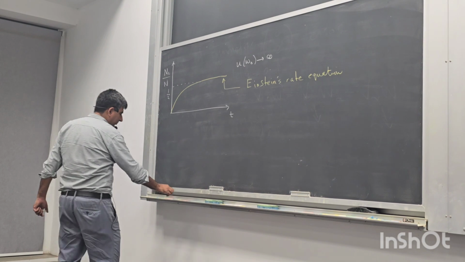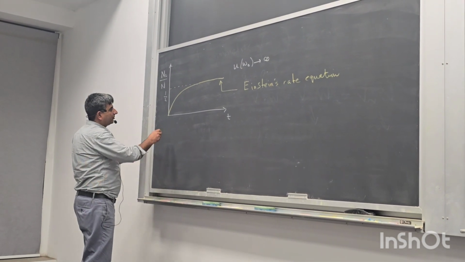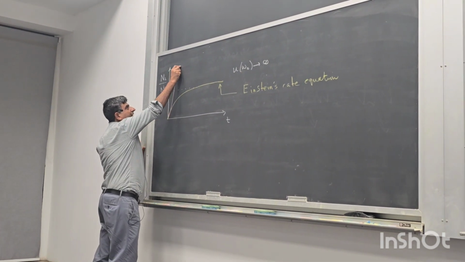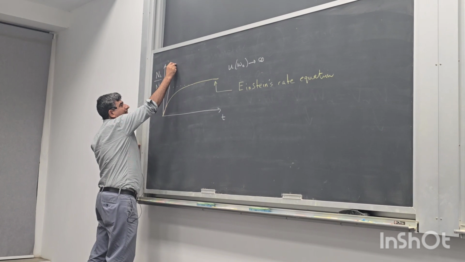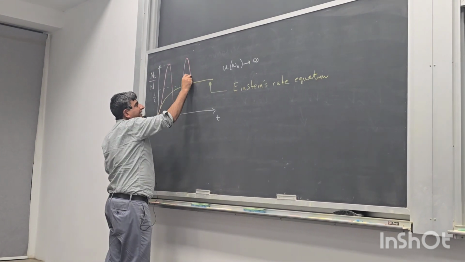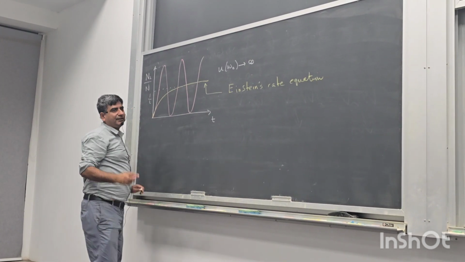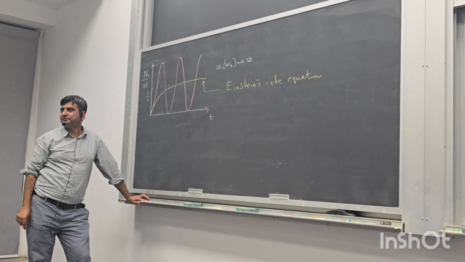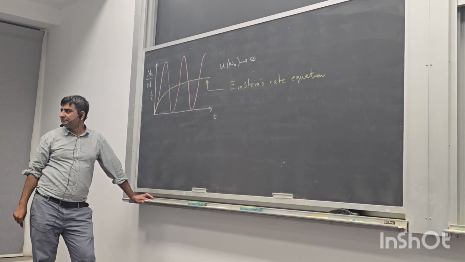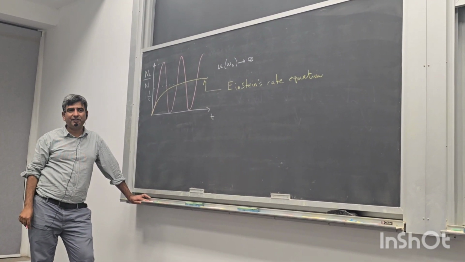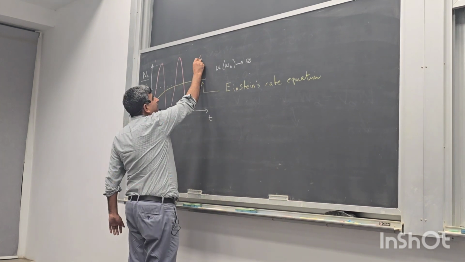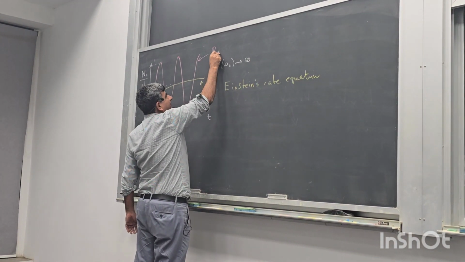And we came up with a formalism such that we could really go all the way up till 1 and get these nice oscillations between the excited and the ground state. Alright? So this is from Rabi.